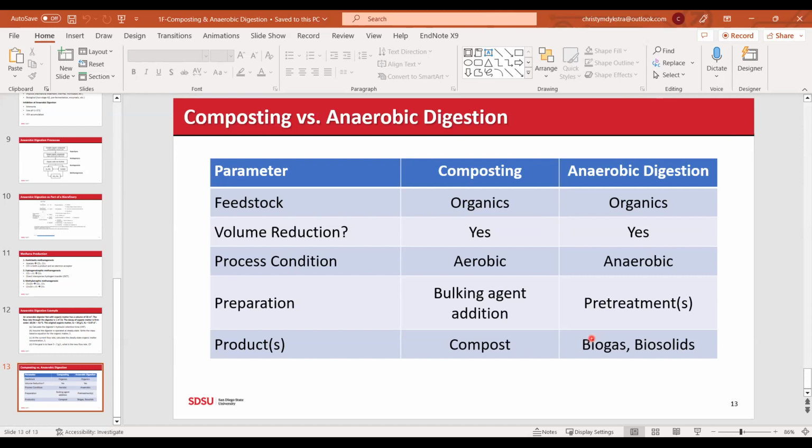If we know this is 0.8, well, we also know that Fe plus Fs equals 1. So we can solve for Fs as well. And that's going to be 1 minus 0.8, or in other words, 0.2, right? That means that 80% of the electrons are going towards energy, 20% are going towards building cells or cell synthesis.